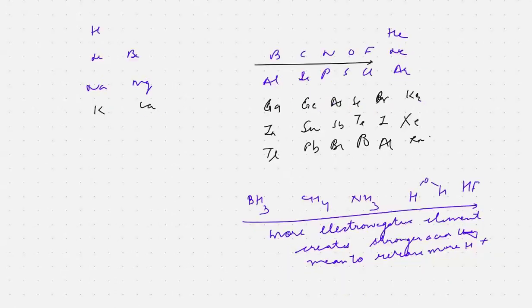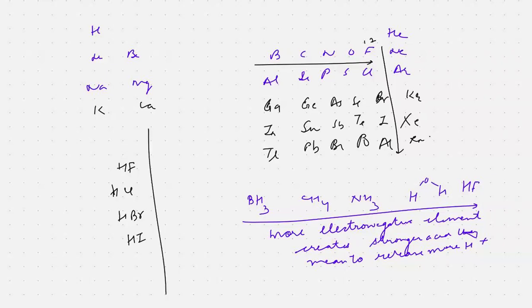But when we go down the group, in group 17, the acids will be HF, HCl, HBr, and HI. For the oxygen group, we are going to have H2O, H2S, H2Se. If I ask you which is going to be a bigger element, I'm going to say tellurium.